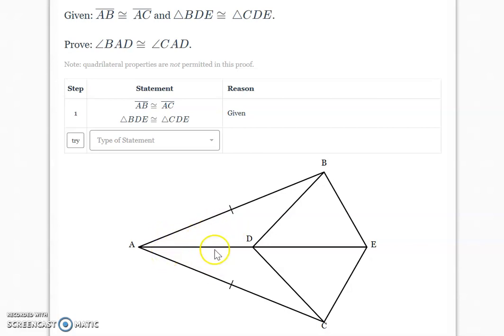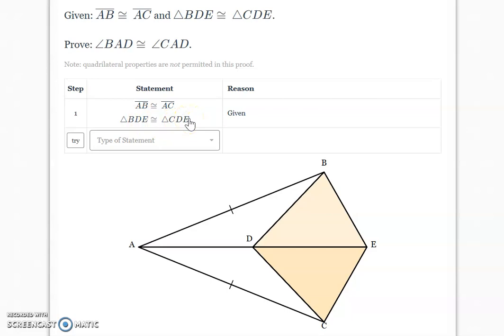So we need to get these triangles, either these two, or we can get these big ones like ABE. First up, we know that those two sides are congruent, so that gives us a side. And we know that those two triangles are congruent. If those two triangles are congruent, that means that BD and CD are congruent, DE is obviously congruent to itself, and BE is congruent to CE.